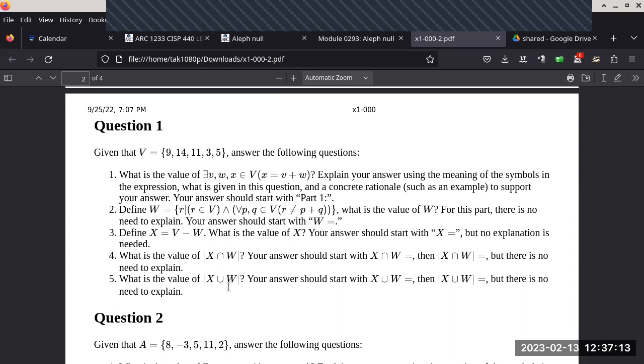So in that case, you can still get the rest correct, okay? Because assuming your W is wrong, it is a particular set, you can still use that wrong W to compute the difference as well as the intersection and also the union.